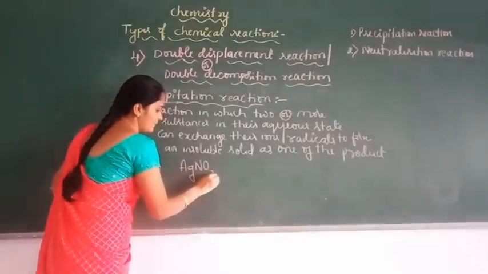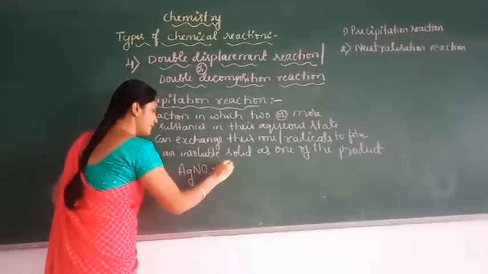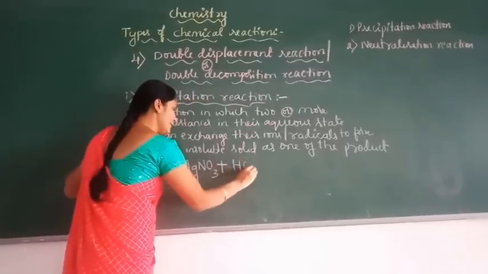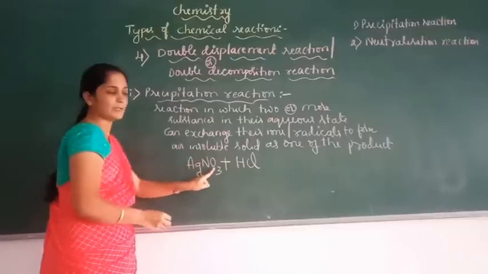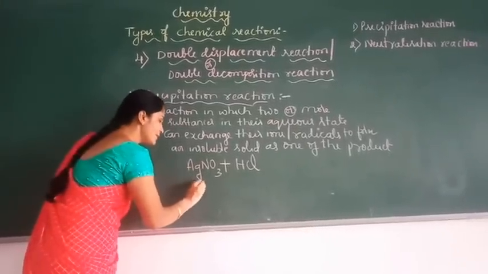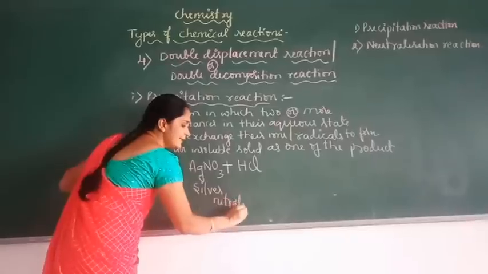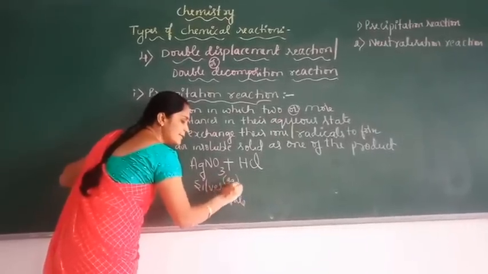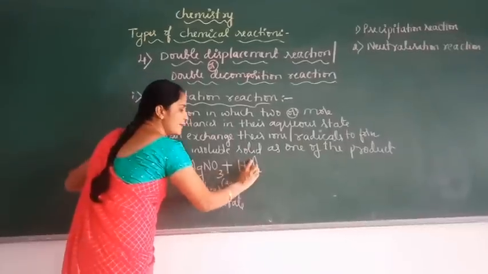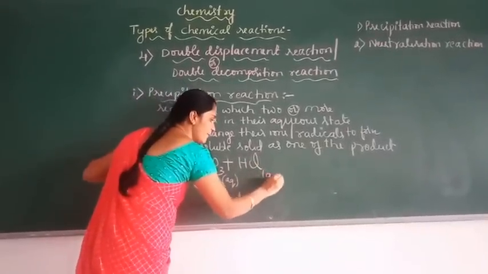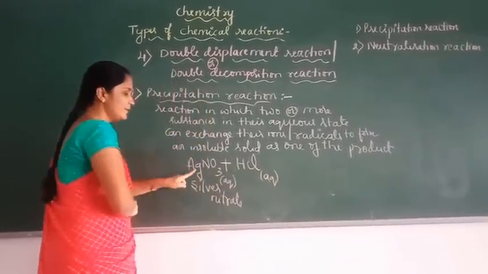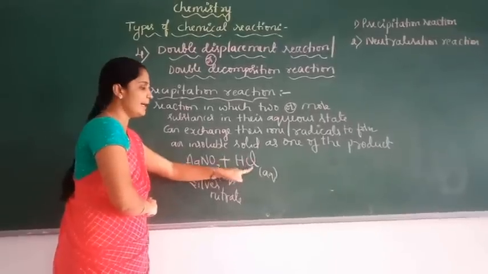AgNO3 reacts with HCl. AgNO3 means silver nitrate, which is in the aqueous form. HCl, hydrochloric acid, is also in the aqueous form. So silver nitrate reacts with hydrochloric acid.